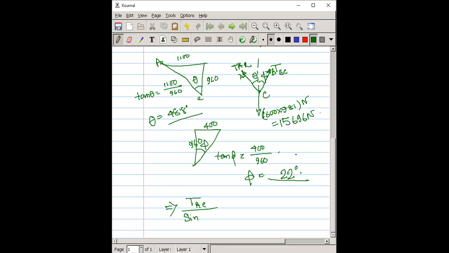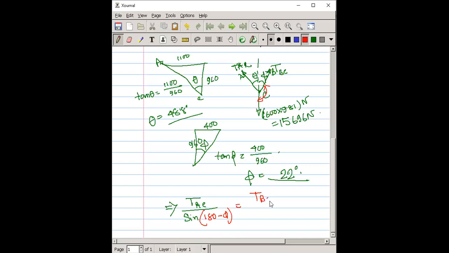So what you have to do in Lami's theorem, you all know, you have to put the tension, means the force, divided by the sine of the angle on the opposite side. Here the angle is which one? T of AC divided by this angle, and this is sine of 180 minus phi, right?